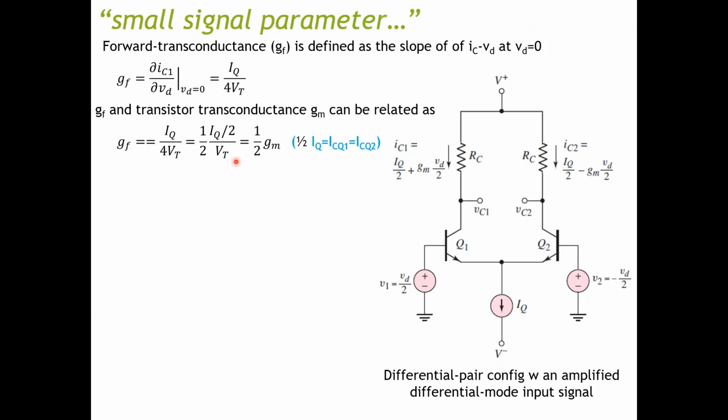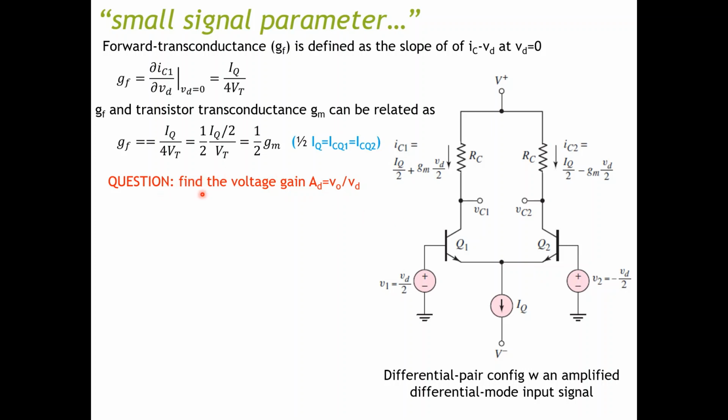So GF basically is half of GM, and this is also assuming that this half IQ is equal to the quiescent collector current of either transistor Q1 or transistor Q2. So now you have all of the background information that you need.